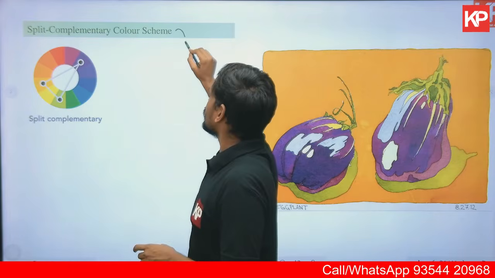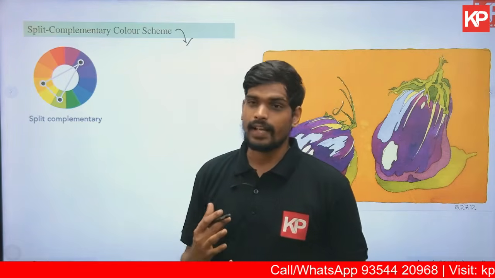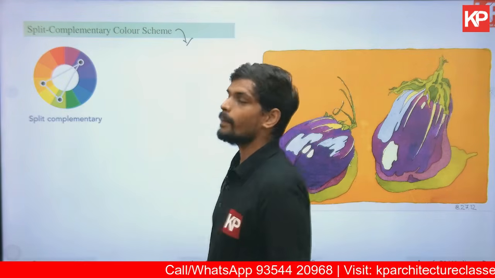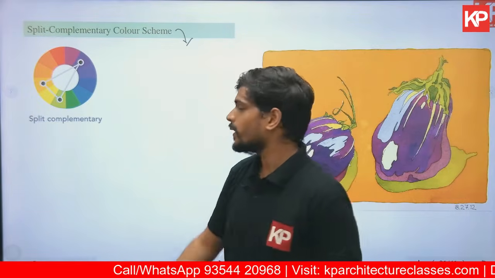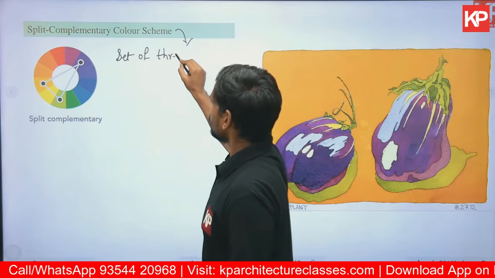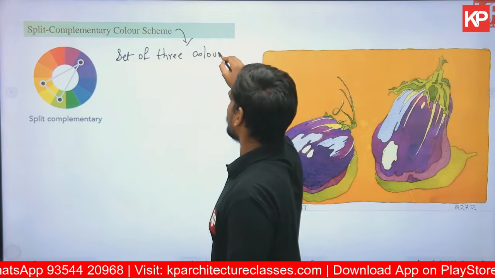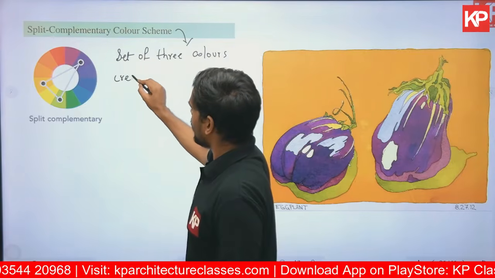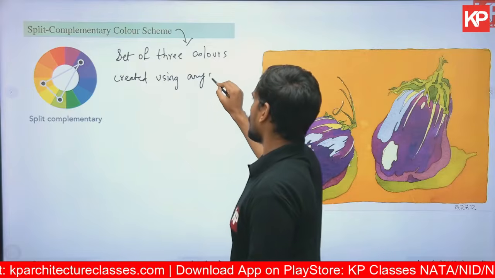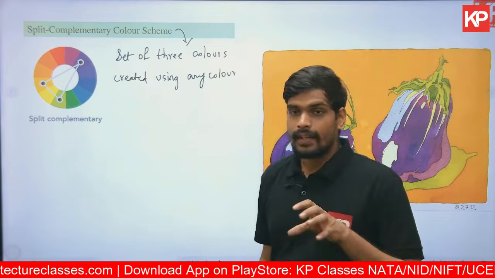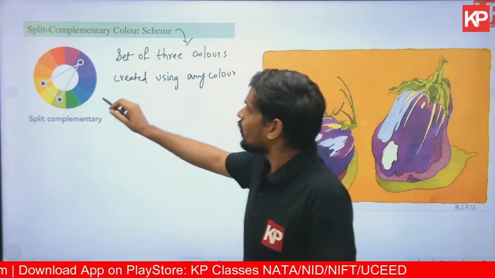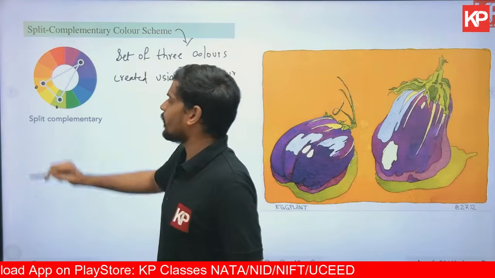So let me first write down the definition of split complementary, then you will understand its meaning and where we apply it. It is basically a set of three colors created using any color, and two other colors which are on either side of its complementary.